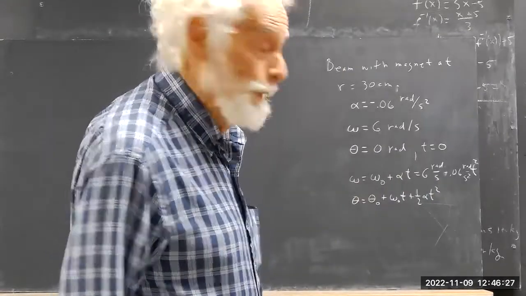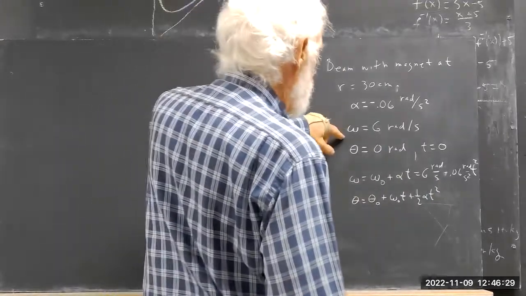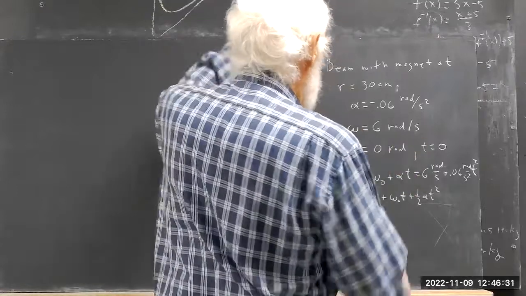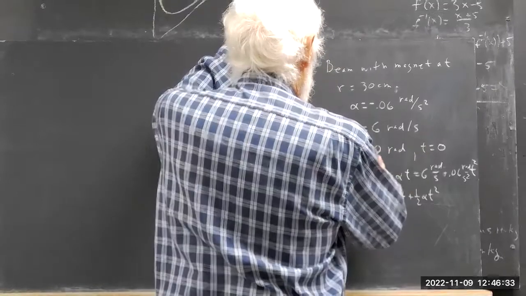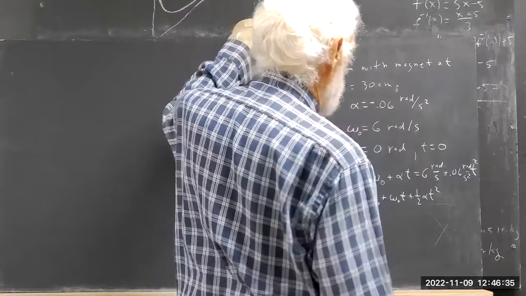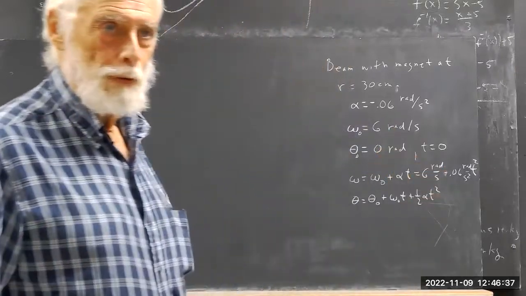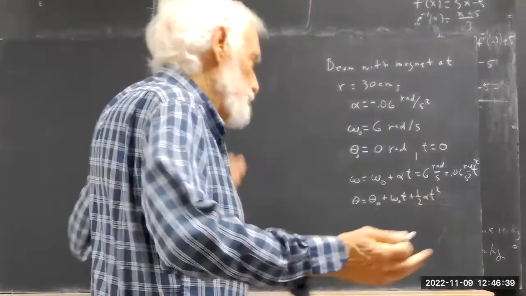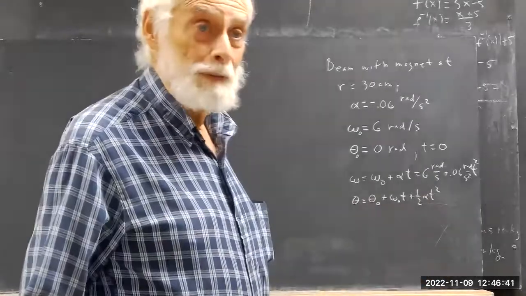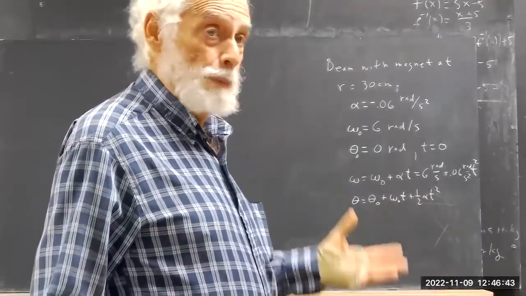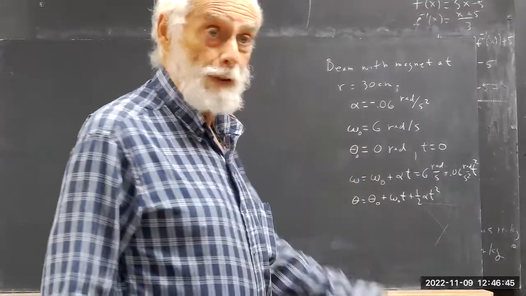Now, since I said that all this applies at t equals 0, then we're going to say theta naught is 0, omega naught is 0, and so forth. Okay, so the motion of this thing is solved. We can answer any question we want about the angular motion of this system.